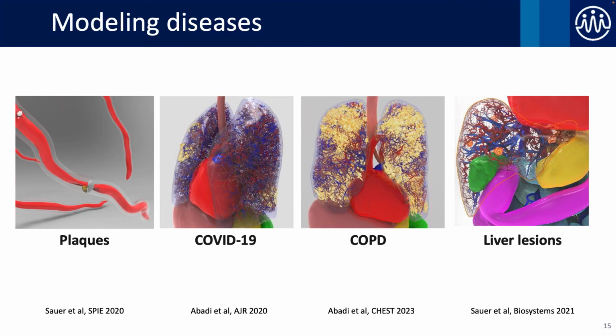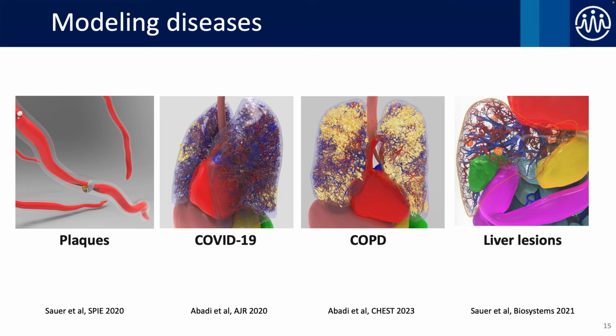And often we do these imaging experiments for a particular disease or for a particular application. So another important aspect is to model the diseases that you want to study. So we have worked on various disease modeling. Here I'm showing you a few examples on cardiac plaques, COVID pneumonia, COPD or emphysema in particular, bronchitis, and liver lesions.